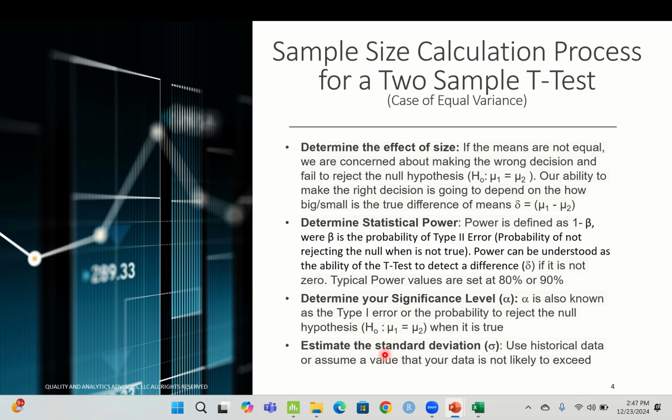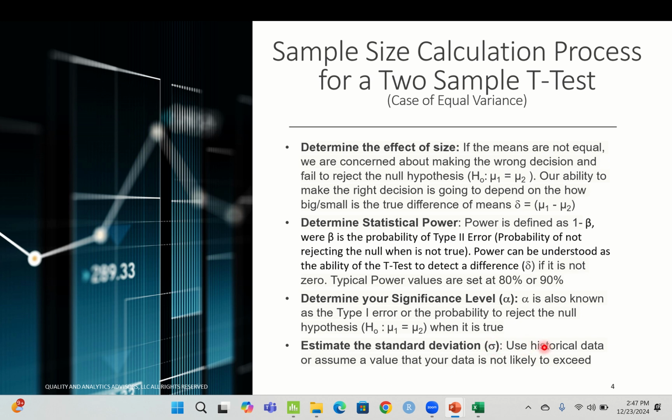We just defined that alpha is also known as the type 1 error, or the probability to reject the null hypothesis when it is true. In addition, to be able to calculate the sample size, we're going to need to know what the standard deviation is.